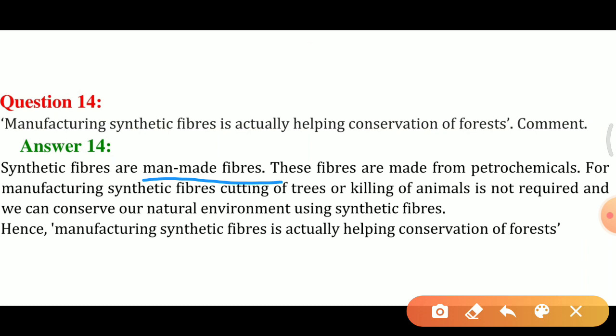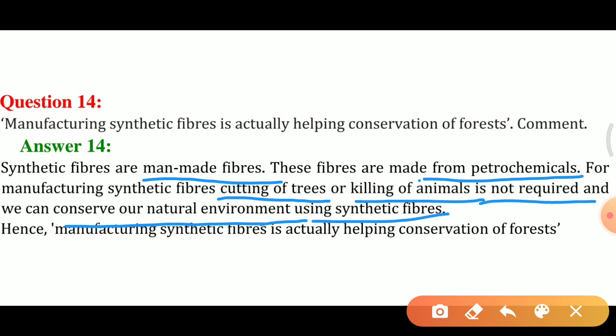These fibers are made from petrochemicals. For manufacturing synthetic fibers, cutting of trees or killing of animals is not required, and we can conserve our natural environment using synthetic fibers. Hence, manufacturing synthetic fibers is actually helping conservation of forests.